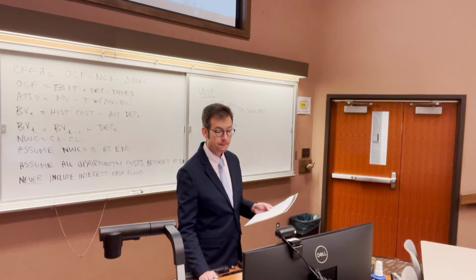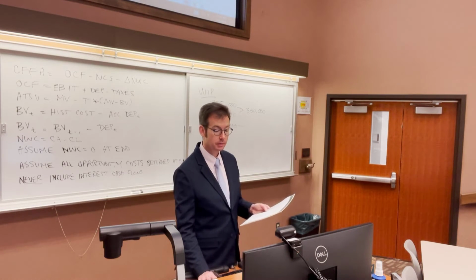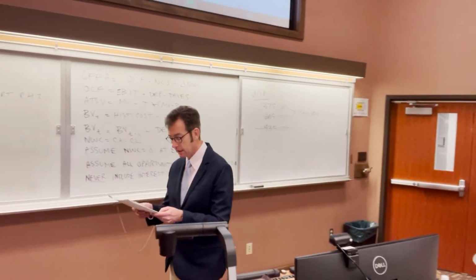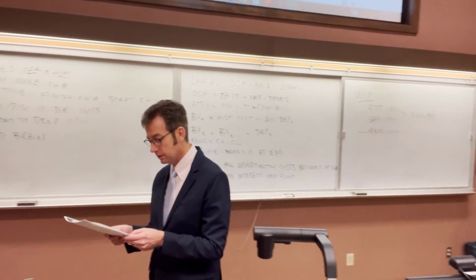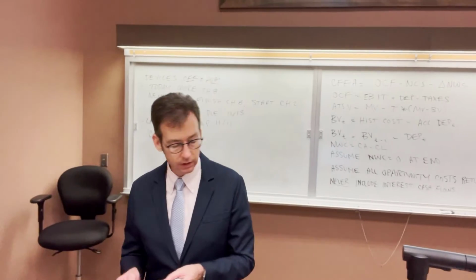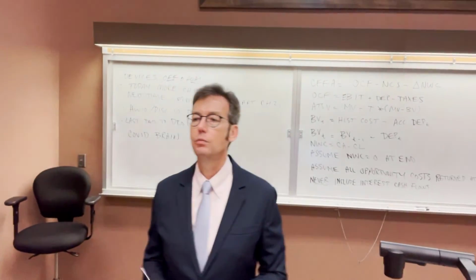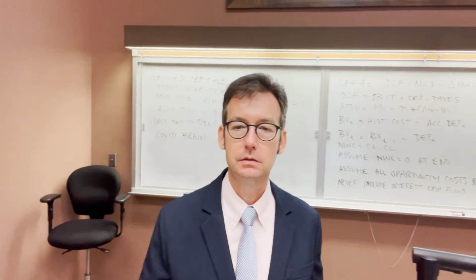Okay, now I'm going to insert some lines here because we've got more stuff to put up here. They tell us the price of the bowling balls in the first year will be $20. Now let's talk about the words price and cost. You are a business.